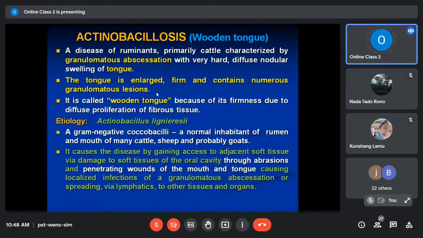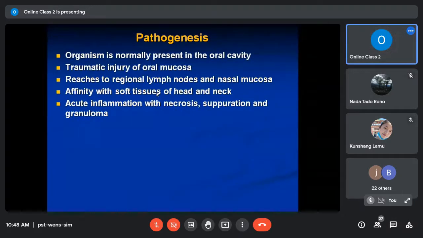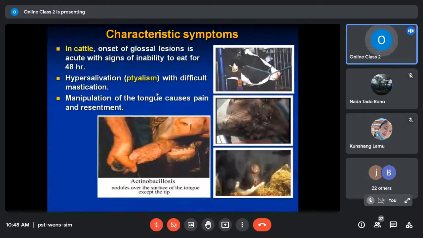Then they may localize the infection there, forming granulomatous abscesses, or spread through the lymphatics to other tissues and organs. This we have already discussed. Then the characteristic signs and symptoms.